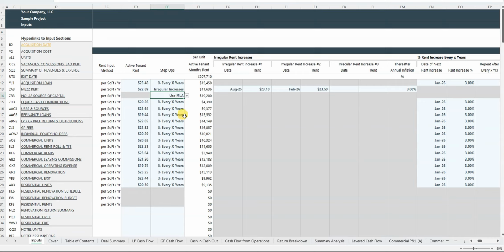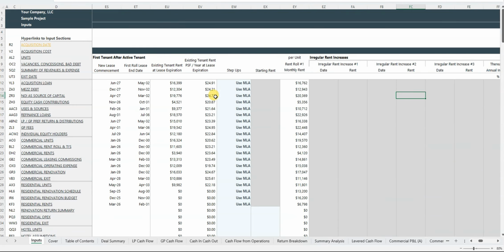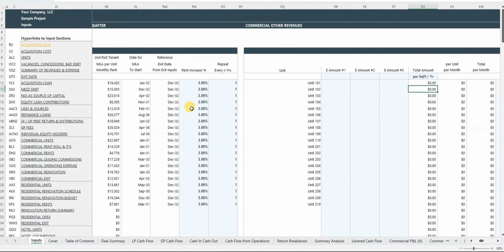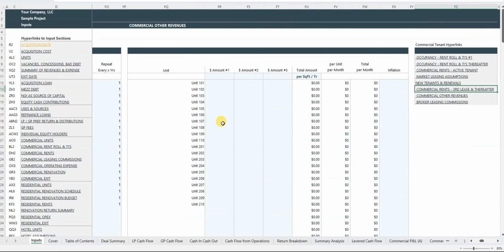And maybe my next tenant down, I use MLA, so you're going to basically mark that to market for that tenant on the rent increases going forward. After that, I can just keep my life easy and say, just reference market rates from that point forward for any additional tenants, or you can input specific agreements, your choice.